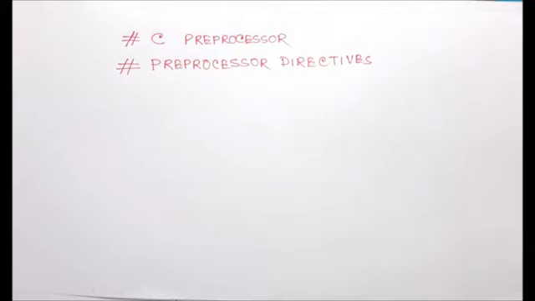So first, what is a preprocessor? A preprocessor is a system software, or you can say a computer program, that is designed to run on computer hardware and applications. It performs preprocessing of high level language.